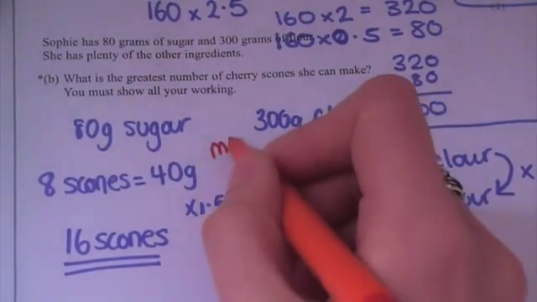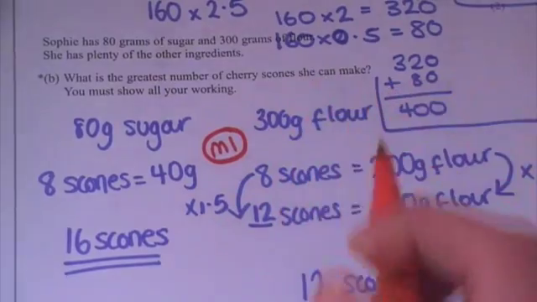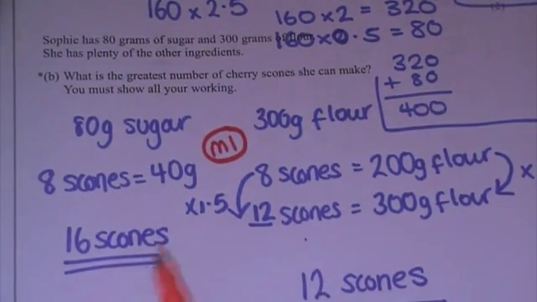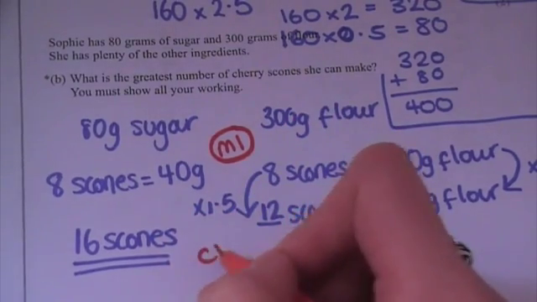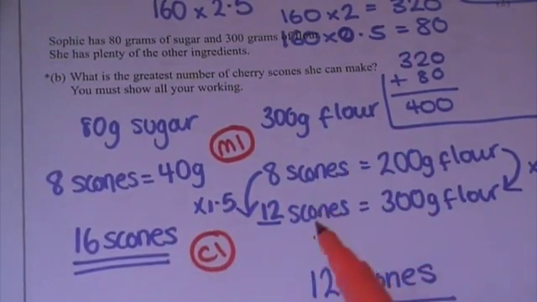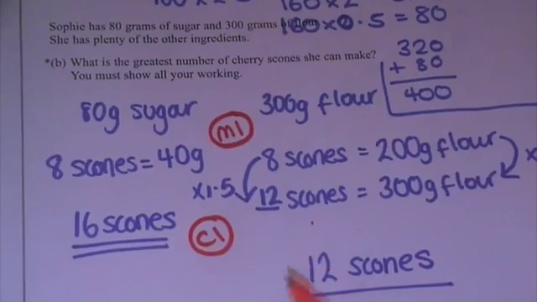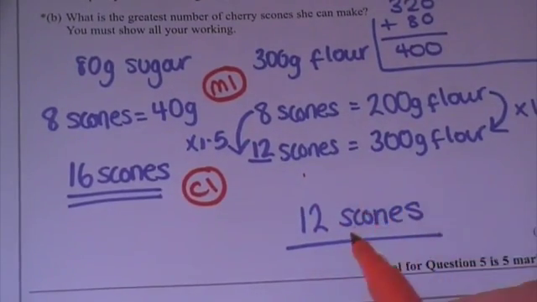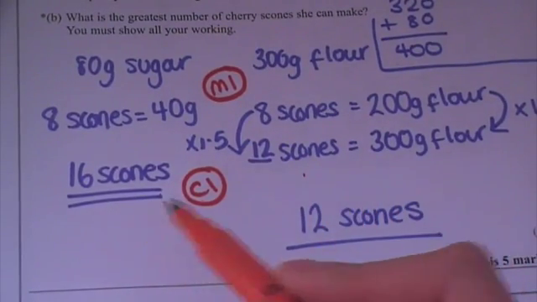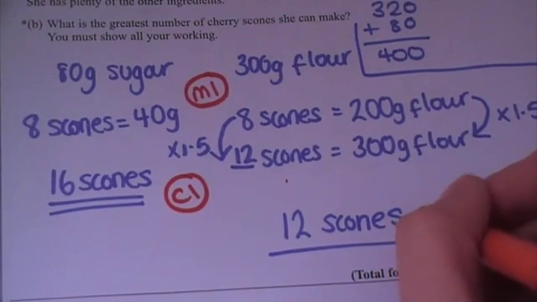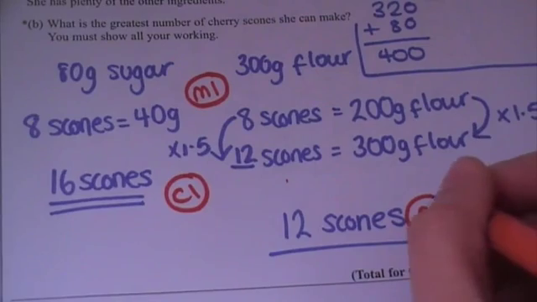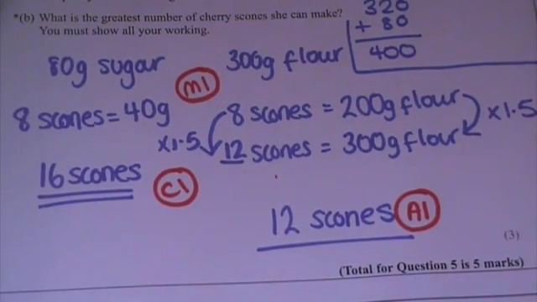So showing your method of how you got to 12 scones and 16 scones. You also get another mark for reaching a conclusion based on these calculations. So for down here we've looked at 12 scones and 16 scones and realising that it's 12 scones. Your final mark is stating your answer of what Chloe is limited to.